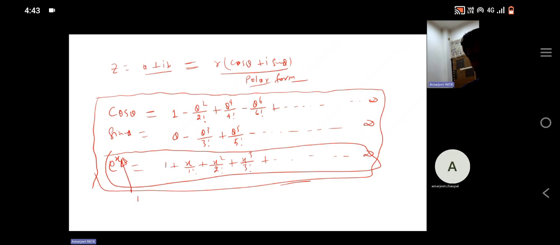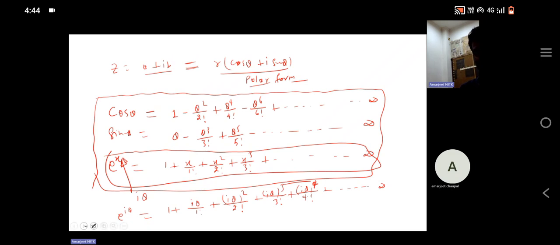So what you got? e to the power i theta equals 1 plus i theta upon 1 factorial plus i theta square upon 2 factorial plus i theta cube upon 3 factorial plus i theta 4 upon 4 factorial like this up to infinity.